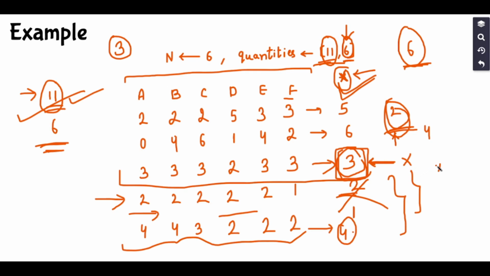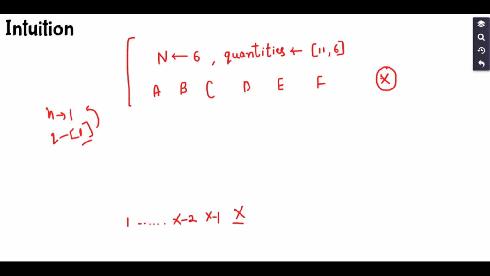That means x plus 1 is achievable. Similarly, x plus 2, that is 5, is also achievable. X plus 3, that is 6, is also achievable. So this is valid. X plus 1 is achievable, x plus 2 is achievable, and so on till the point, let's say the extreme one.